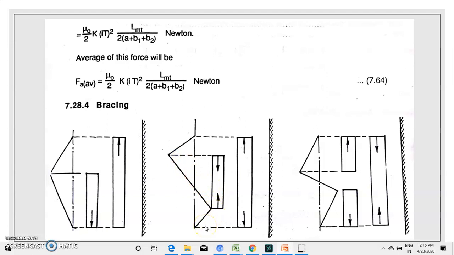That is nothing but unbalancing of MMF. Like that it happens in asymmetric conditions.